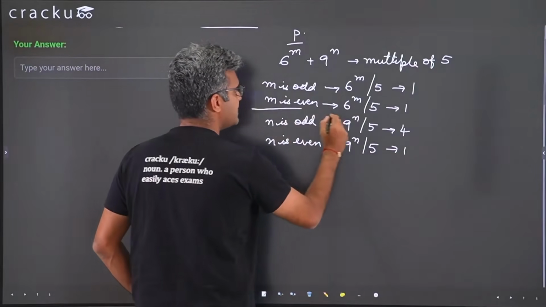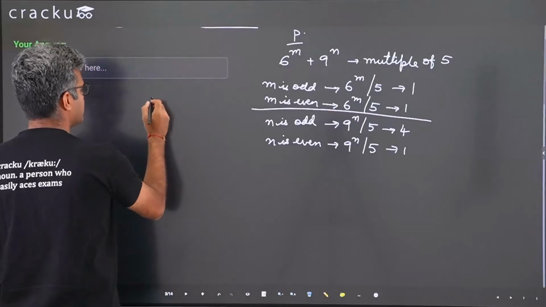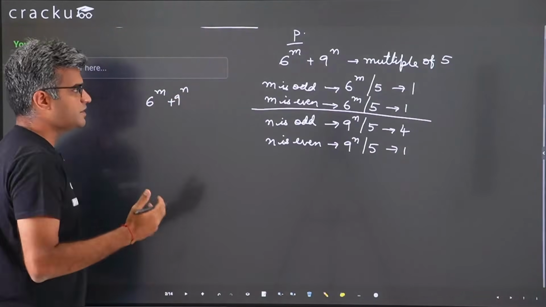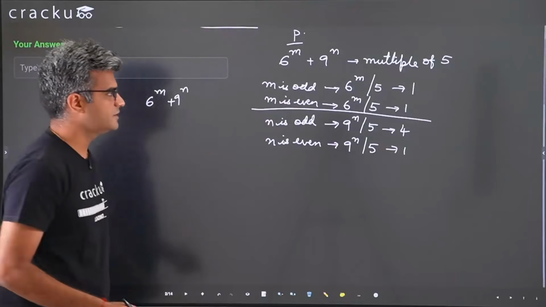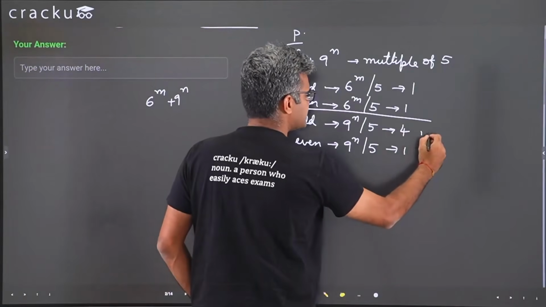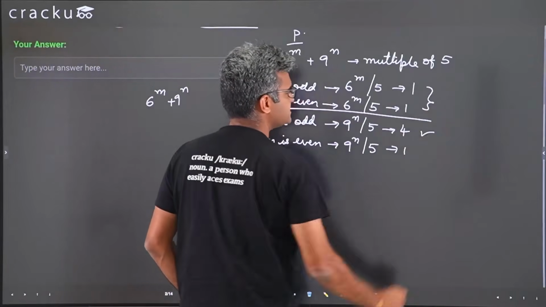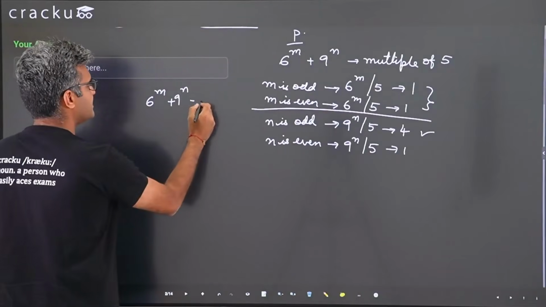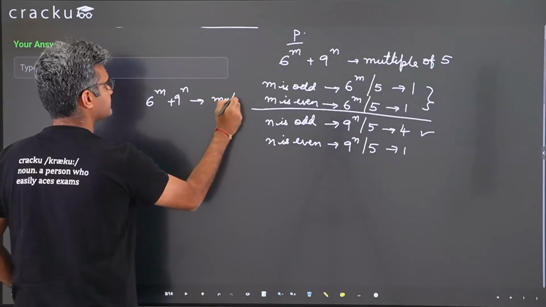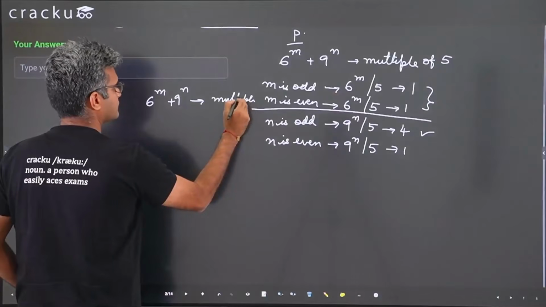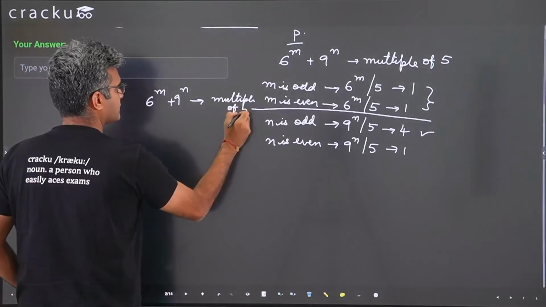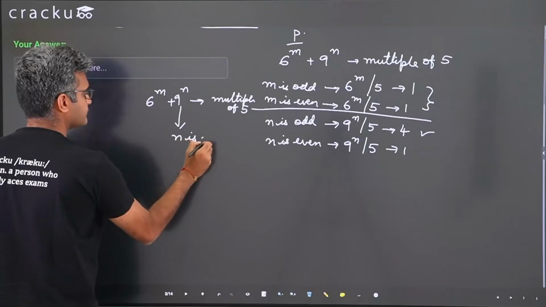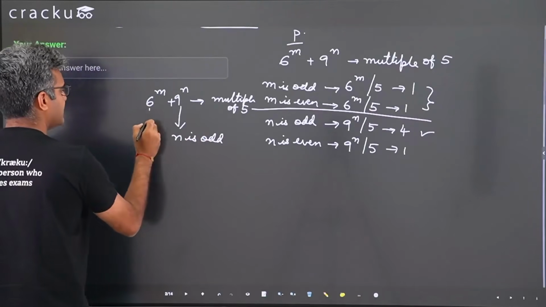So if you are adding 6 to the power m to 9 to the power n and you want a number which is a multiple of 5, you want only this case to happen, where the sum of remainders is 5. That is, for this number to be a multiple of 5, we want n to be odd and m can be anything.